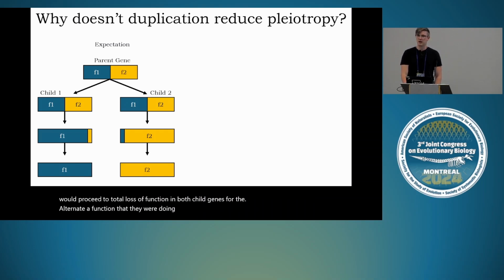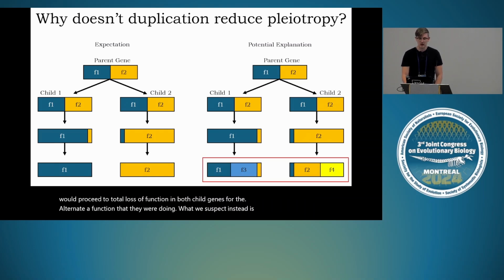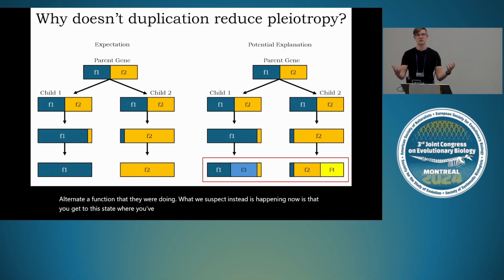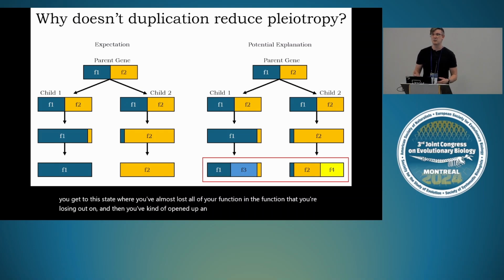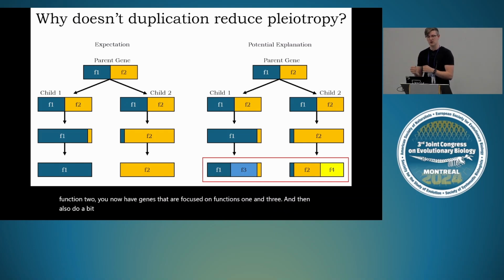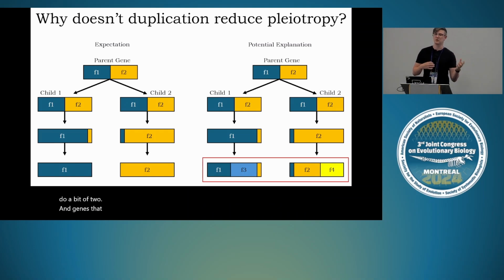What we suspect instead is happening is that you get to this state where you've almost lost all of your function and the function that you're losing out on, and then you've kind of opened up an evolutionary platform to pick up a new function. And so instead of going to just focusing on function 1 and just focusing on function 2, you now have genes that are focused on functions 1 and 3, and then also do a bit of 2, and genes that are focused on functions 2 and 4, and also do a bit of function 1.